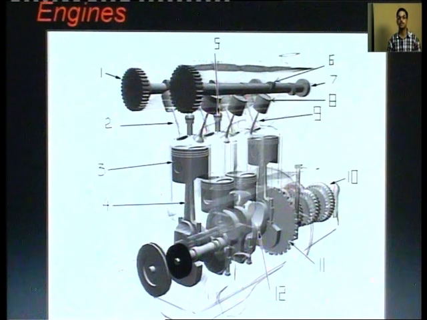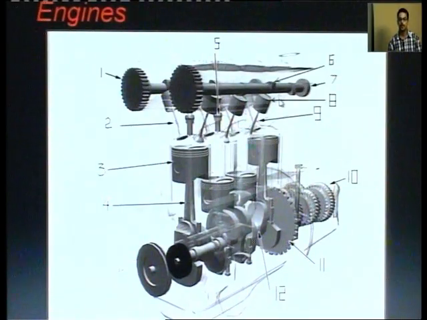This is the whole engine. On the upper side, these are the camshafts. This is 1 and 7. Number 6 is shown as the cam.